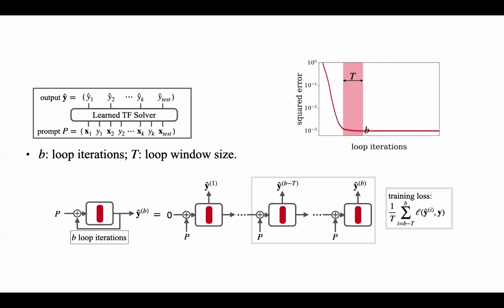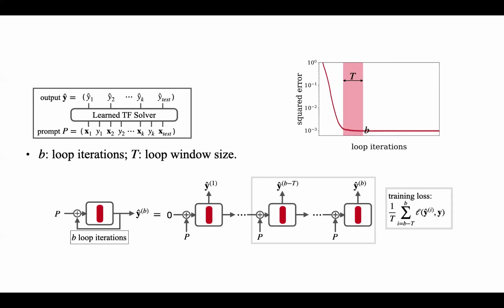But then how are you updating based on the early loops? Let's say you had 100 loops, and you were using a window size of 5. My understanding is that you take the loss of only the last 5 loop iteration outputs to calculate the loss.